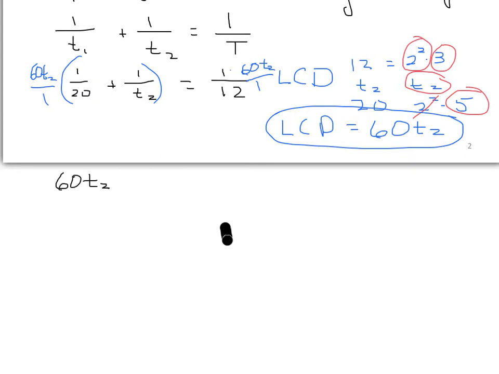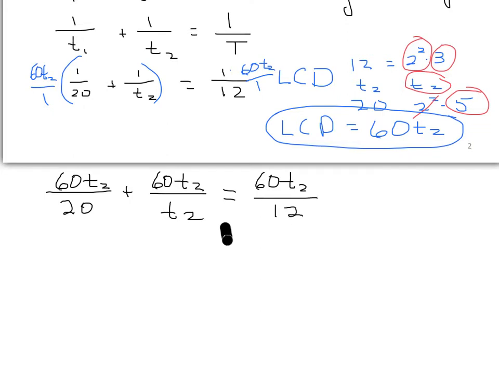Distributing the 60 T2, we get 60 T2 over 20 plus 60 T2 over T2 equals 60 T2 over 12. 20 goes into 60 3 times. The T2's cancel. 12 goes into 60 5 times. So we're left with 3T2 plus 60 equals 5T2.